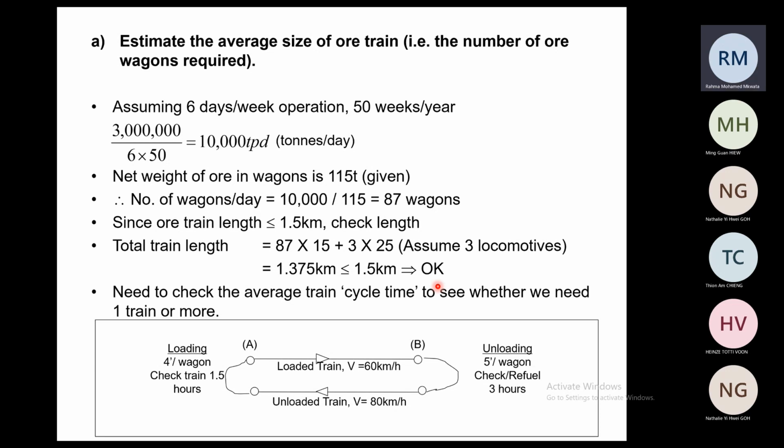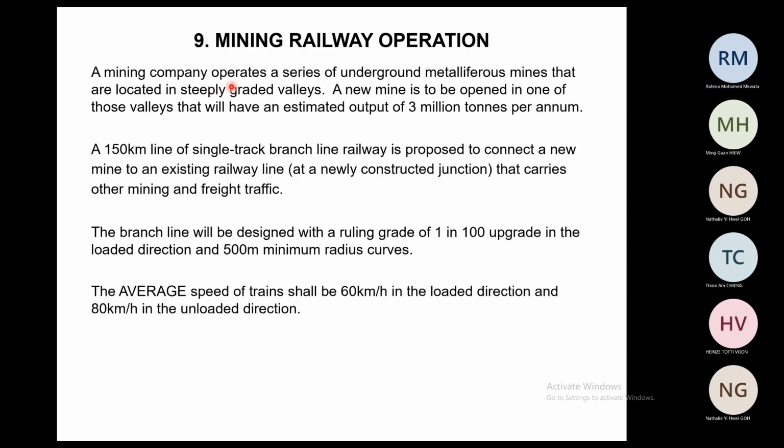So let's move on to estimating the average size of the ore train, that is, the number of ore wagons required. Back to the question, we need 3 million tons per annum.